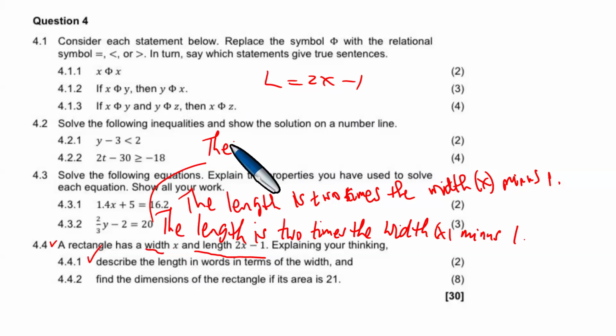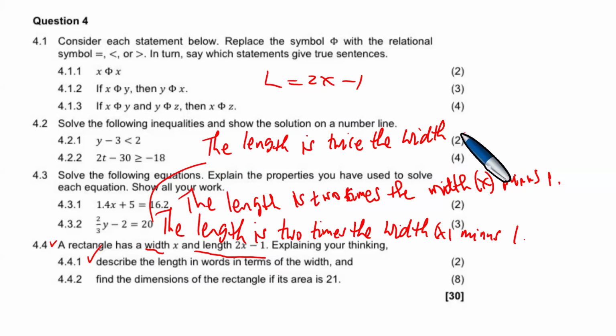So you can say the length is twice the width minus 1. That's what we have, and we have described the length in words in terms of the width. Next question.